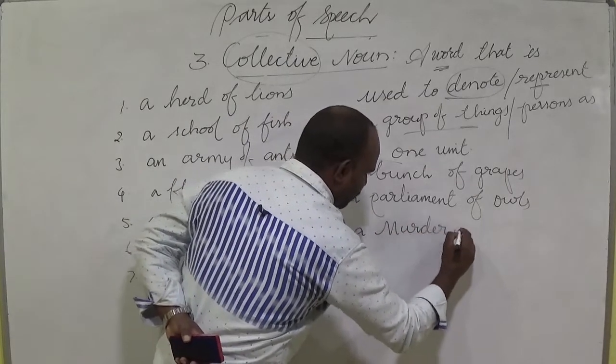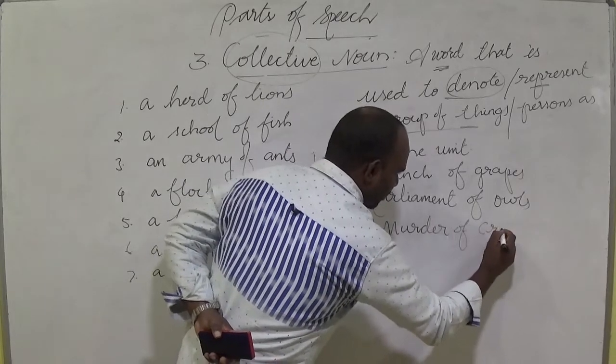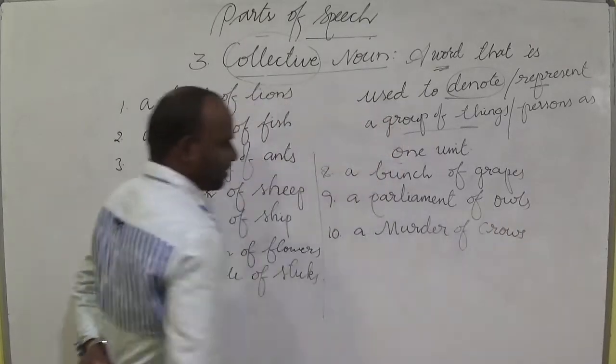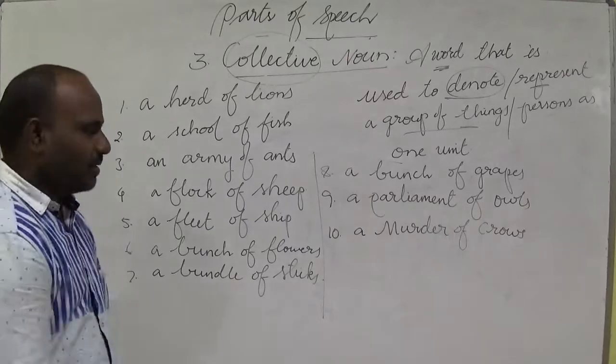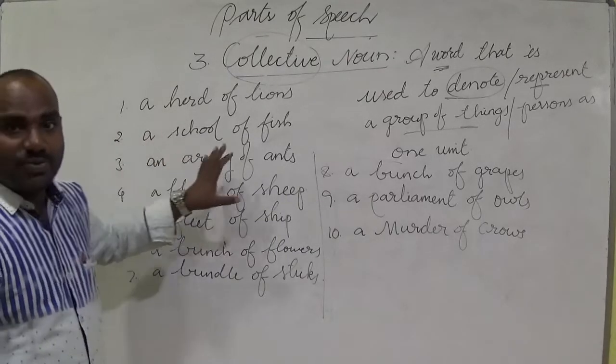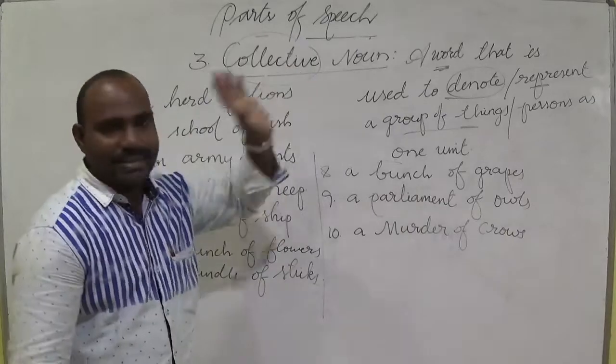A murder of crows. I think you can see all these. Okay, these are a few examples of collective nouns.